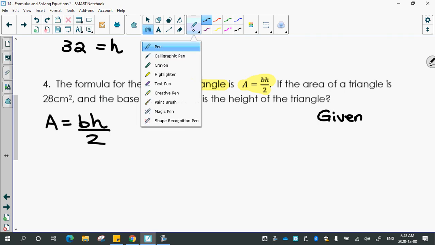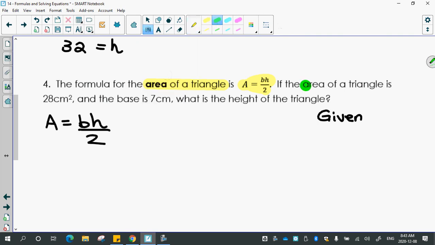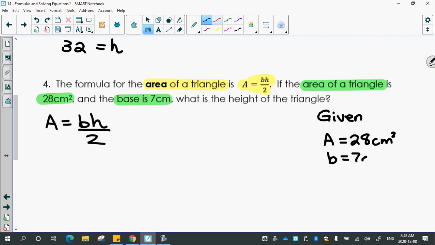Let's see what we're given. If the area of a triangle is 28 centimeters squared, so area is 28 centimeters squared, and base is 7 centimeters. What is the height?